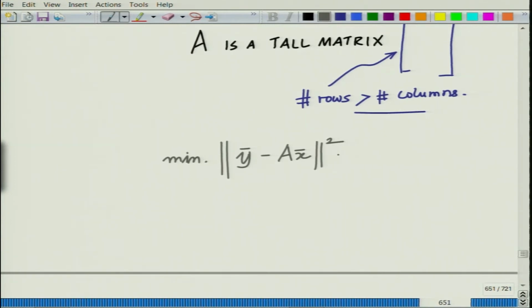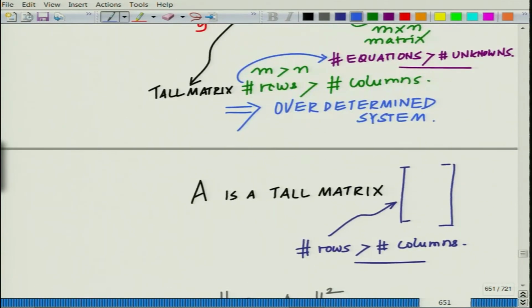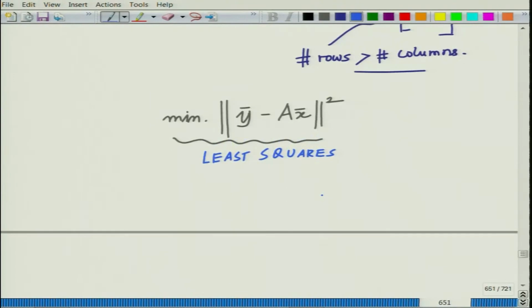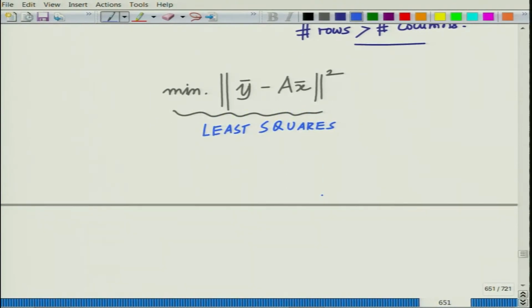This is the least square error, and this is what we term as the least square solution, the least square norm solution.